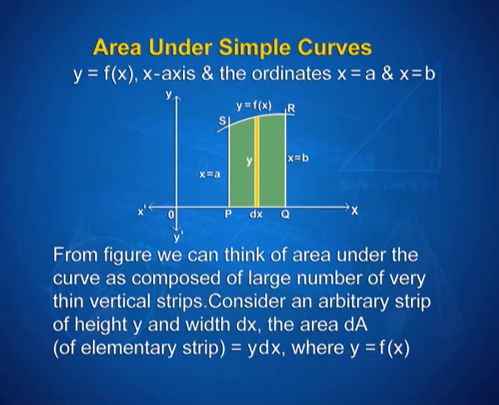Here we have x axis and y axis and the curve is given by y = f(x). This is the width of the strip dx and the height is y. x = a is the ordinate and x = b is another ordinate.